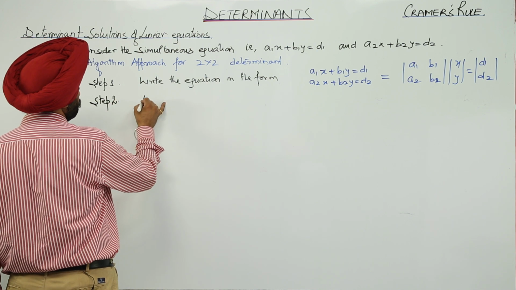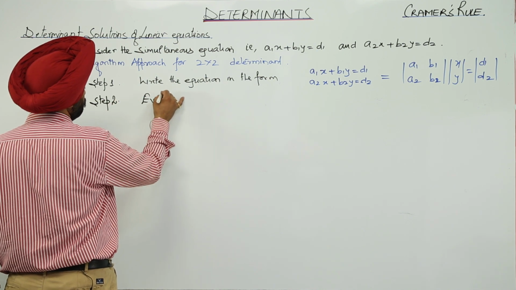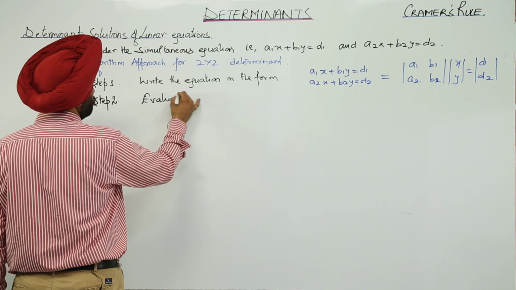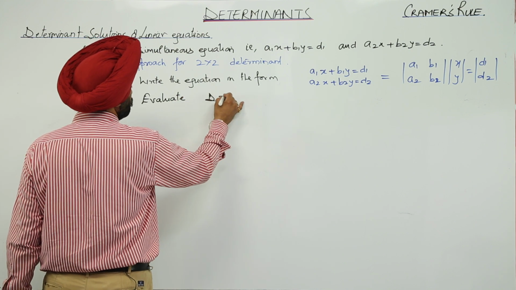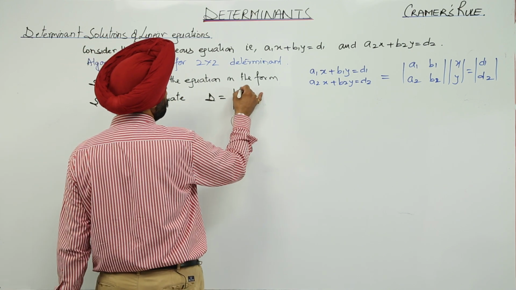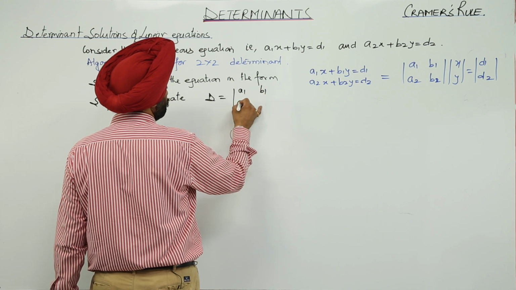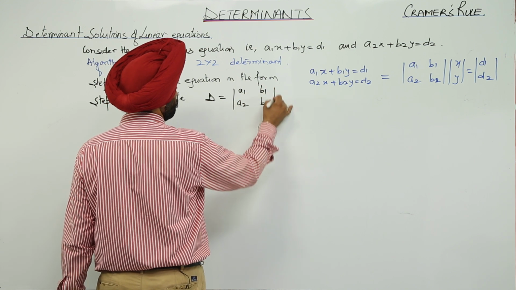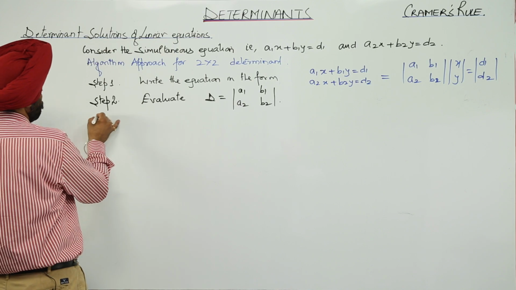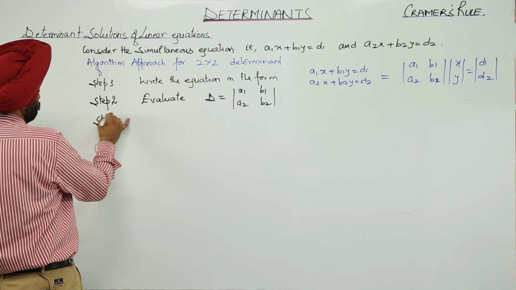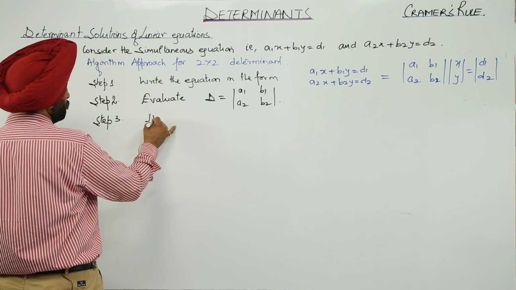Now, step 2. Evaluate D is equal to the determinant a1 b1 a2 b2. Step 3.